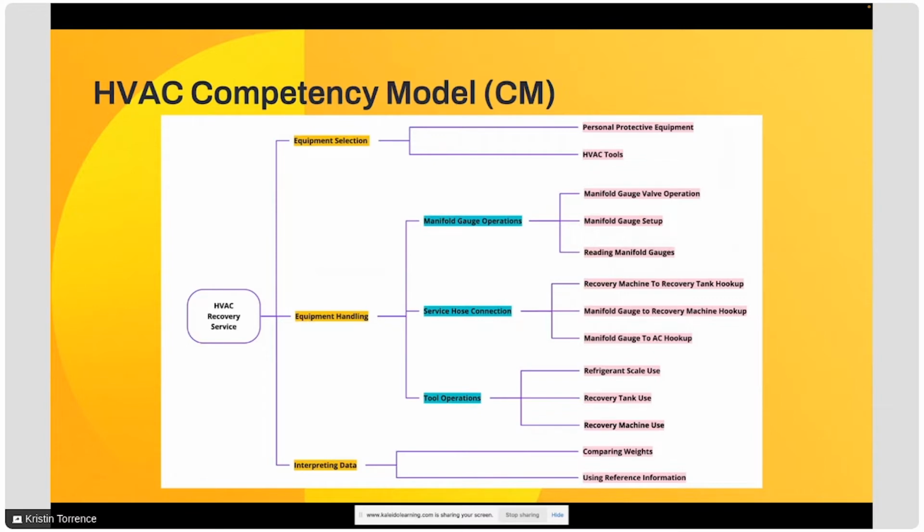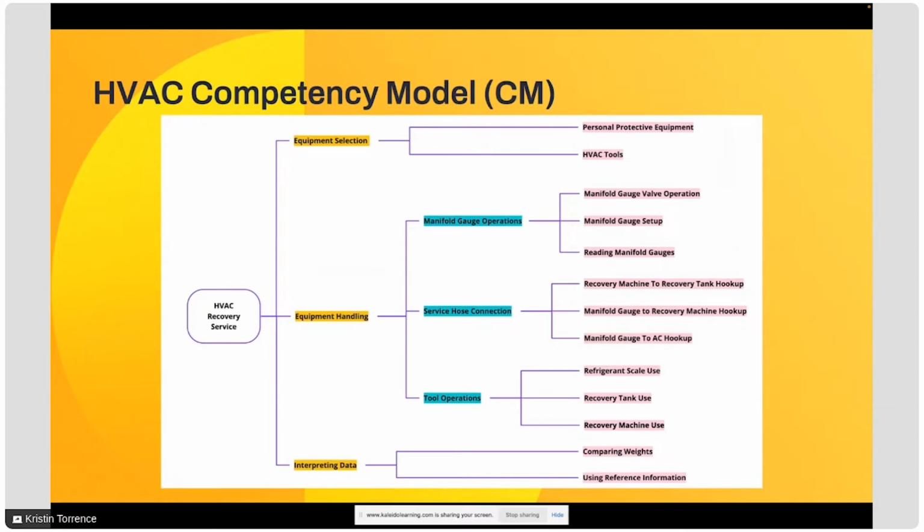And we created this model with the assistance of subject matter experts who are HVAC professionals and trainers. Success in an HVAC recovery service, you can see here, is comprised of equipment selection, equipment handling, and interpreting data.